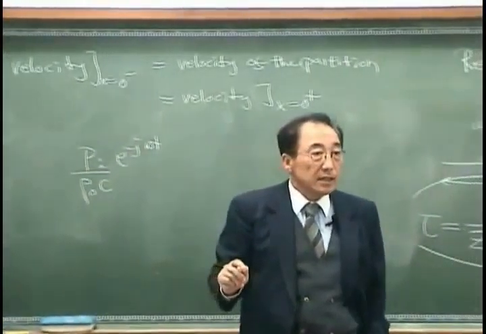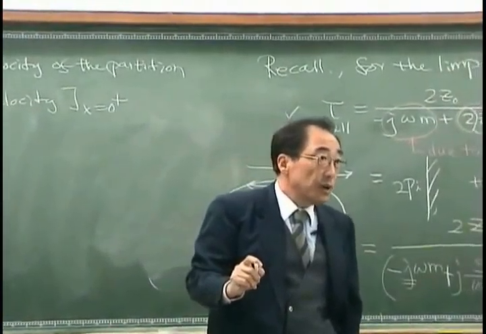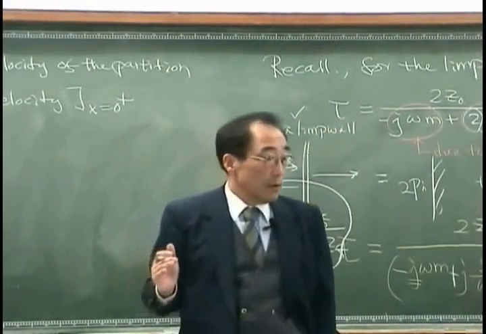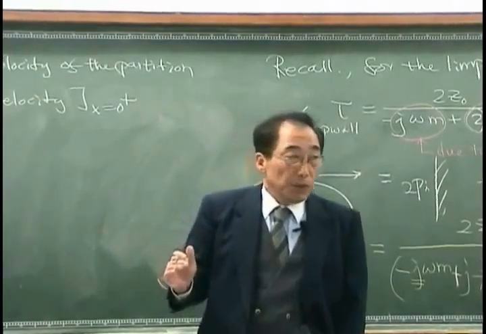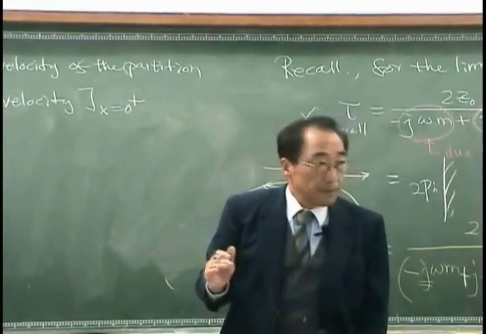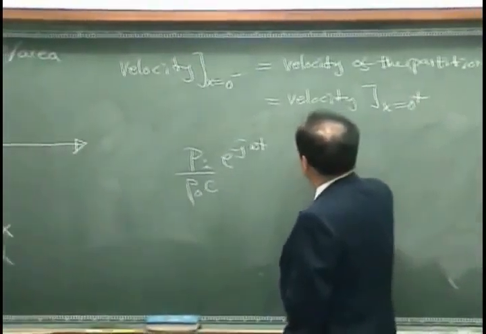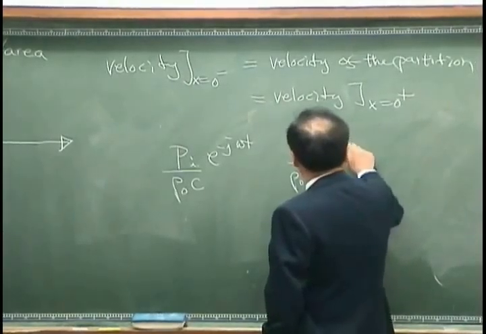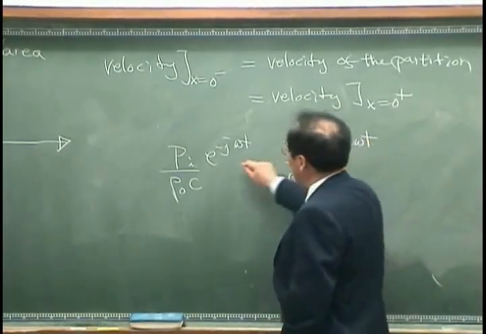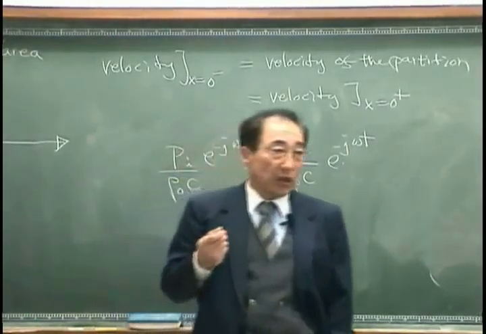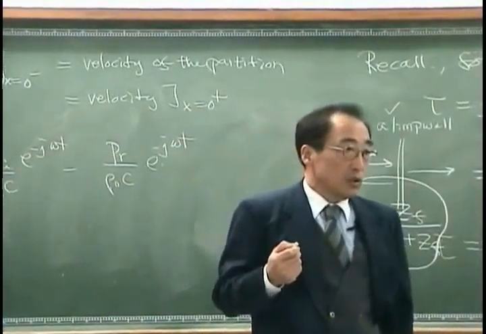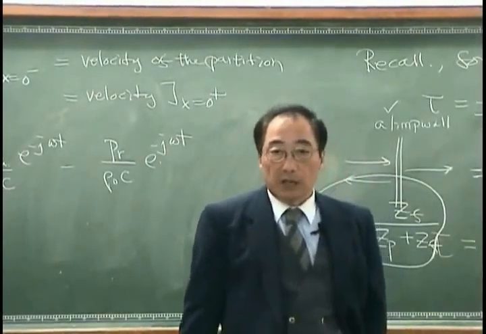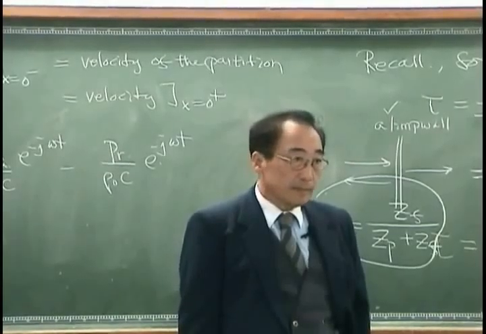That is the velocity of the incident wave, right? Because we are handling plane wave, therefore the impedance is rho 0 c. And the velocity of the reflected wave can be obtained similarly, but that has to be minus because obviously, physically, the velocity of the reflected wave is toward the negative x-axis. Okay?